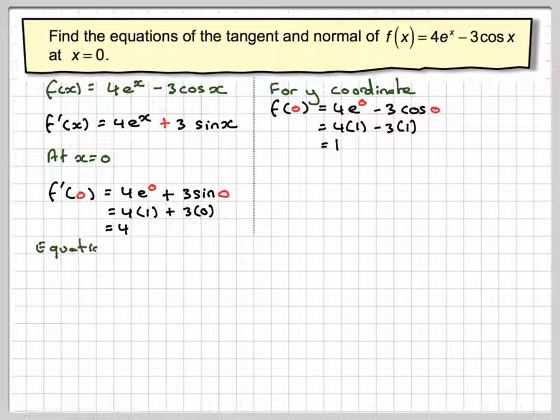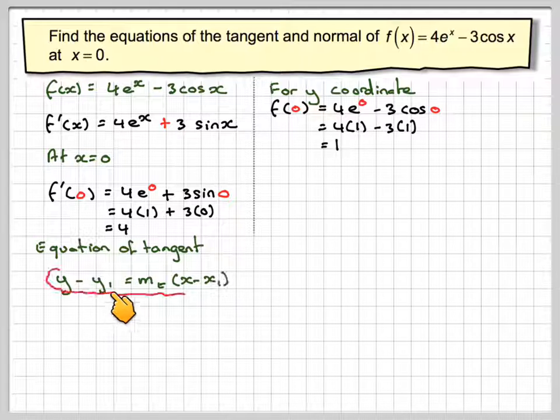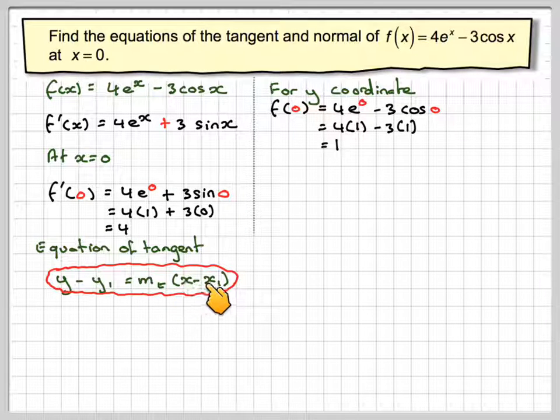In order to find the equation of the tangent, we're going to use y minus y1 is equal to mt times x minus x1. So, good idea to label what each thing is. So this is x1, this is y1, and this is mt. Then substitute into the formula.